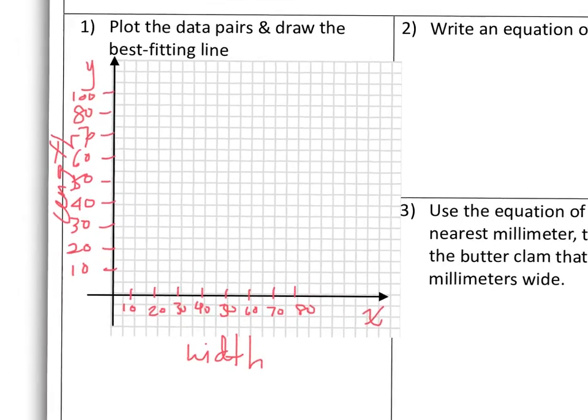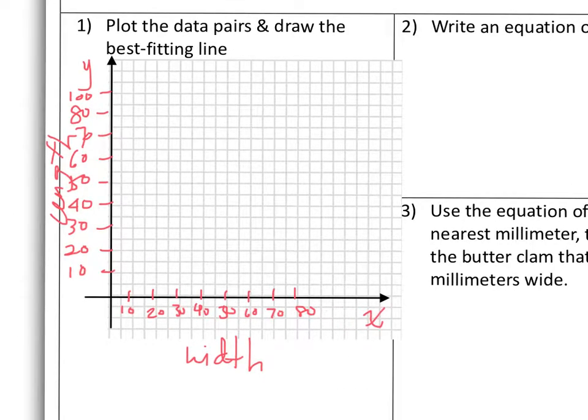Okay, I'm going to plot 13 and 17. I'm going to make this bigger. 13 and 17 is about right here, so roughly plot the point. And 21 and 28, it's about right here. And 30 and 40 here, and 39 and 52.